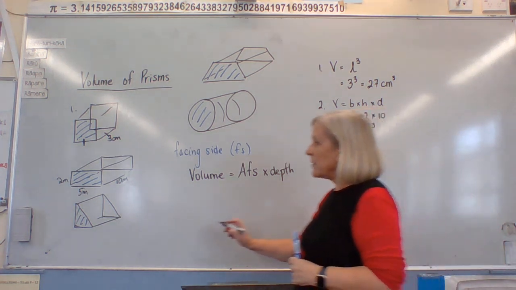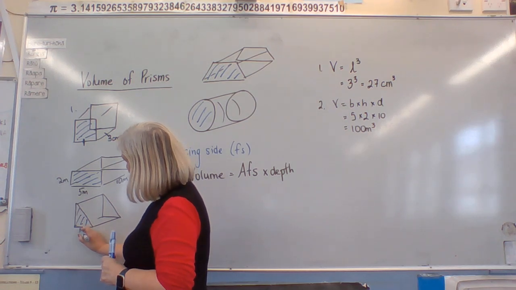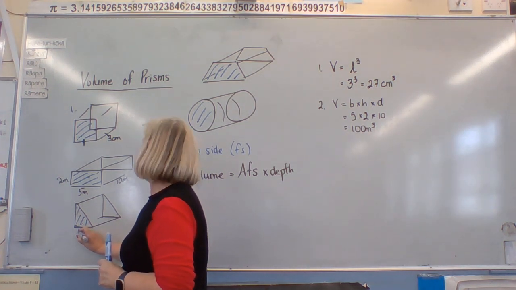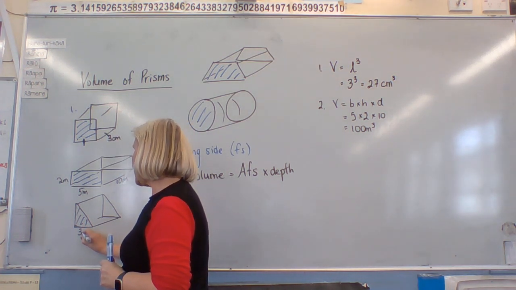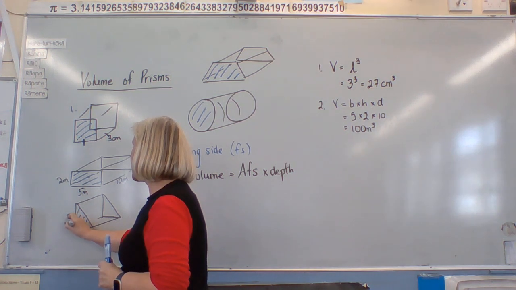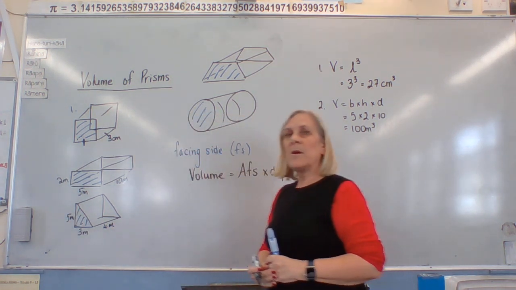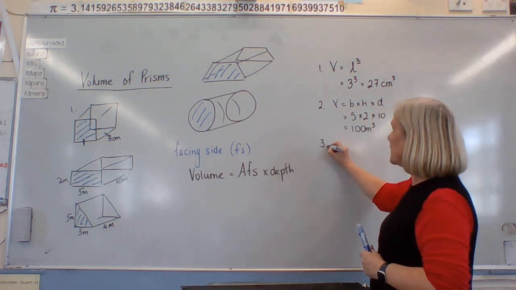So in the next one, we've got a prism. Maybe it's a skateboard or bicycle ramp or something or other. It's fairly steep though. But let's say it's 3 metres by 5 metres by 4 metres. Right, now we need to break it down. So we want to find the area of the facing side first.